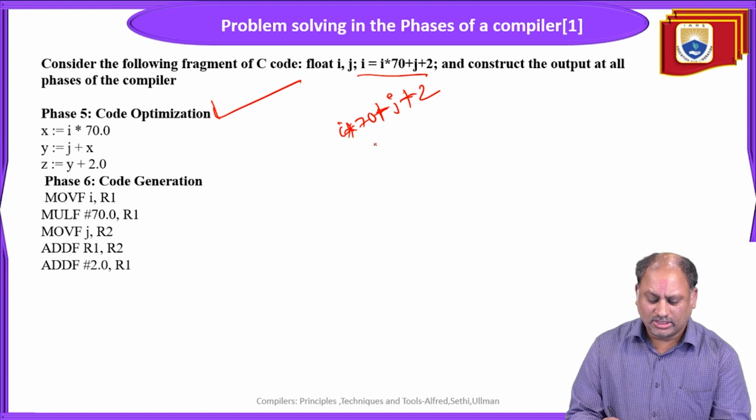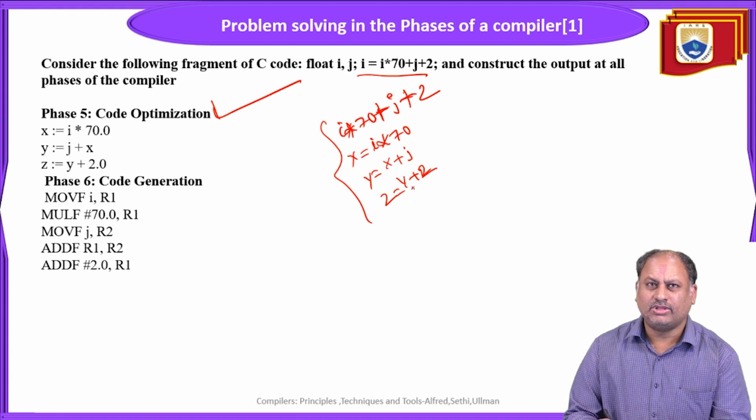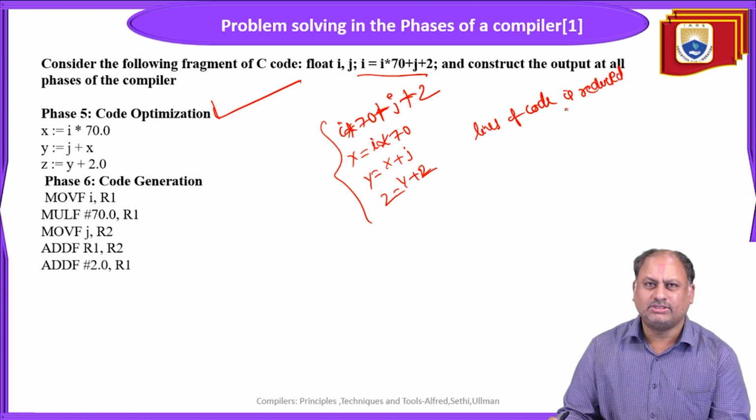That means, here we can perform I star 70 and store this result in X, and X plus J and store the result in some Y, and Y plus 2 we get the result Z. So the number of lines of code is reduced, or the reduction happens in this phase.